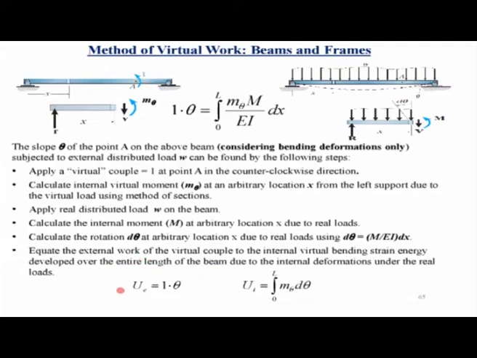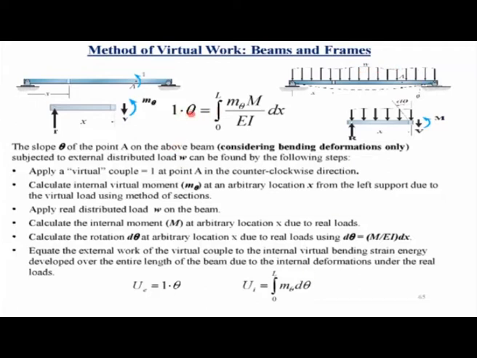So that is the external virtual work, and the internal virtual strain energy is given by the integration from 0 to L of m theta d theta. Here again you replace d theta by capital M over EI dx, where capital M is the moment at any section due to the actual or external loads.